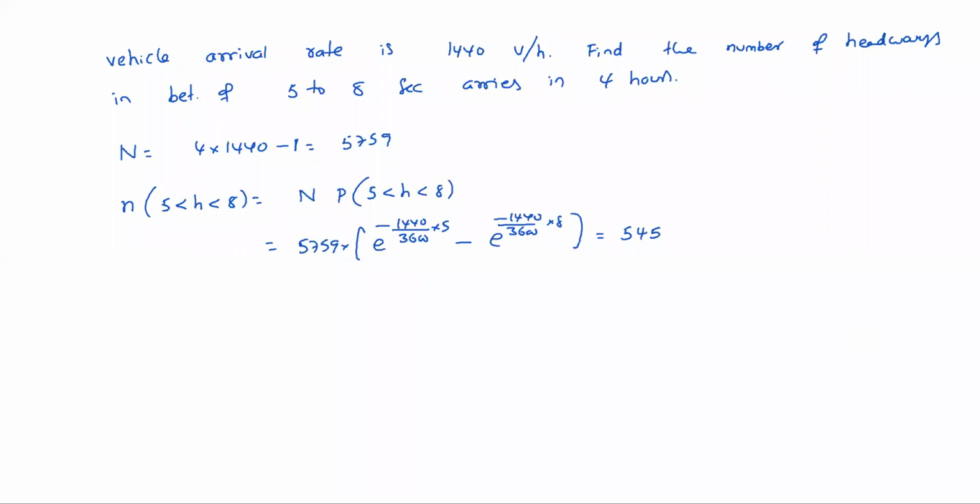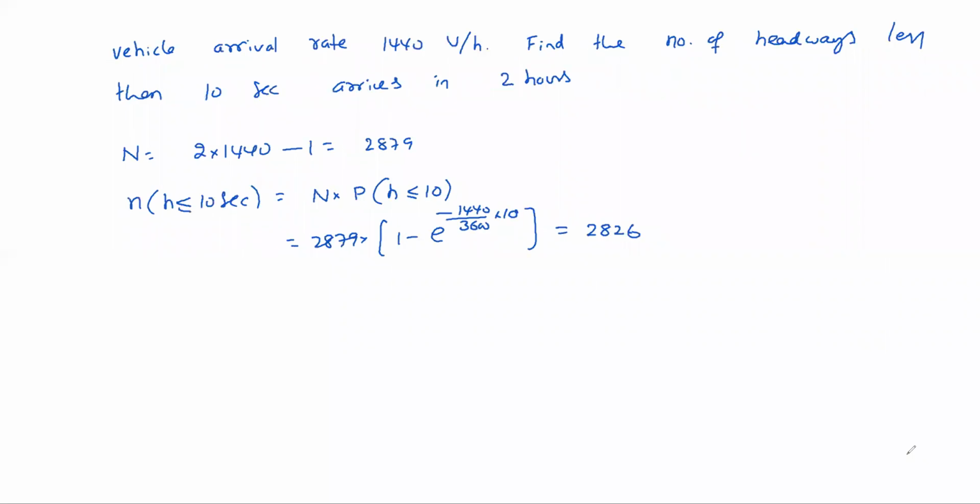Suppose a person is crossing a road, a one-way road.